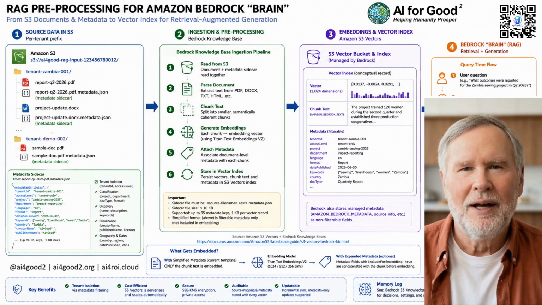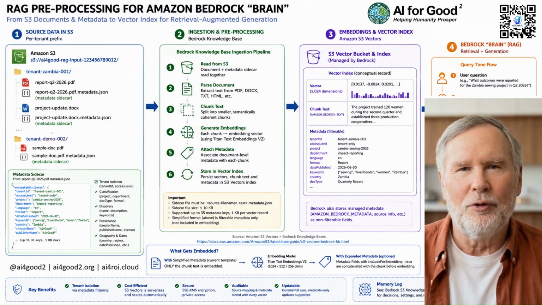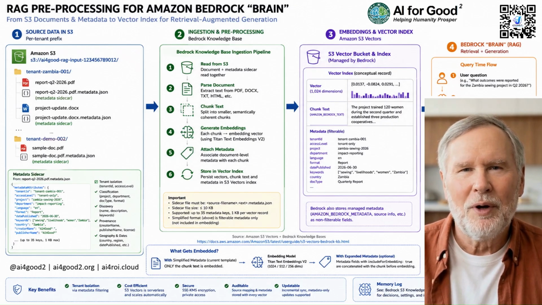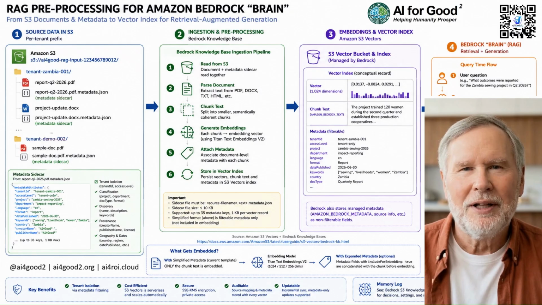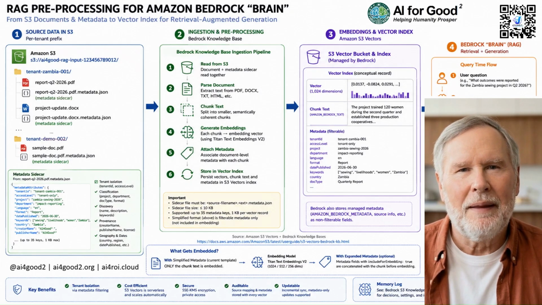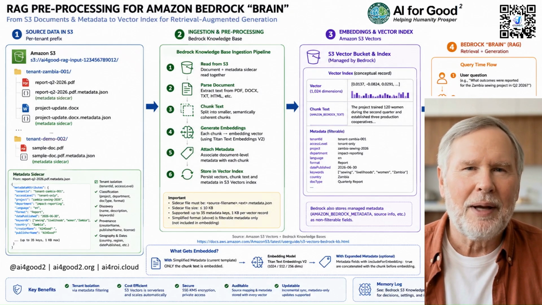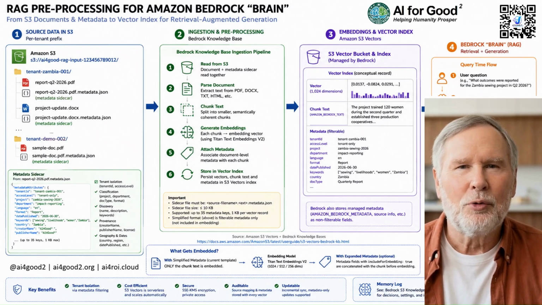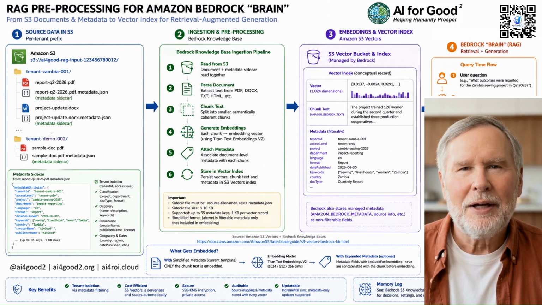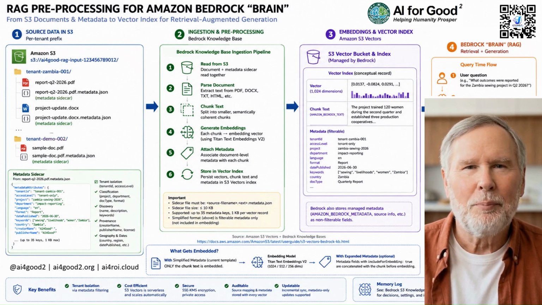As shown in the diagram, the entire process flows smoothly from left to right across 4 clearly defined stages. In the top left of the diagram, Section 1, Source Data in S3, represents the starting point. Here, documents and their companion metadata sidecar files reside in Amazon S3, organized under per-tenant prefixes such as Zambia prefix seen.